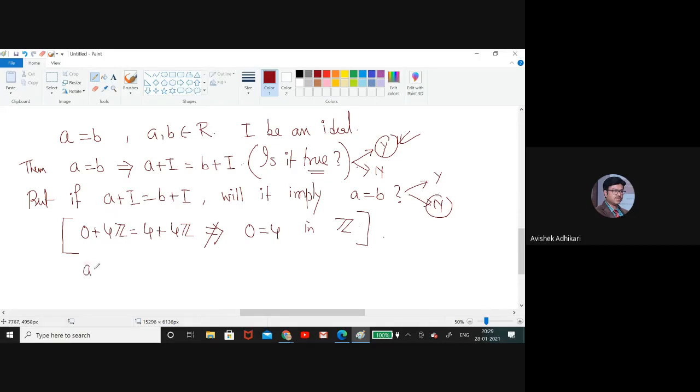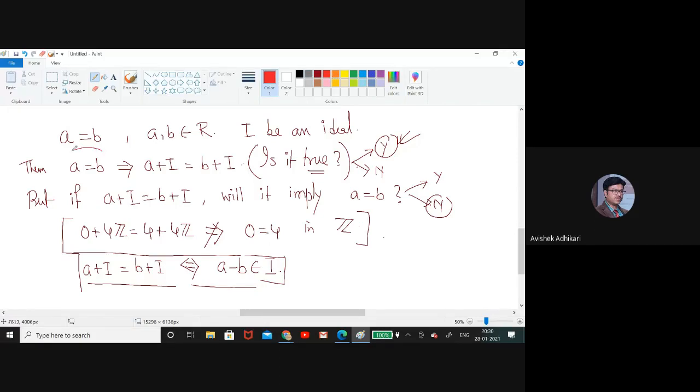What is true is that A + I equal to B + I if and only if A minus B belongs to I. It's not that A equal to B, and this is an if and only if condition that you all have done in your undergraduate level. So this part is always correct.